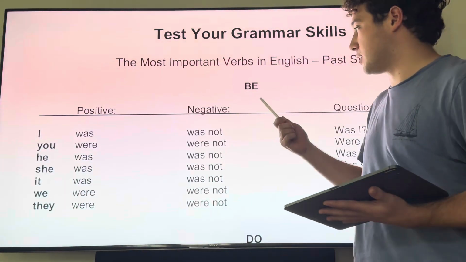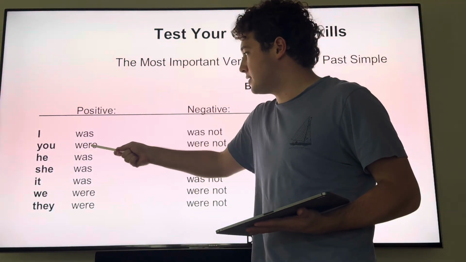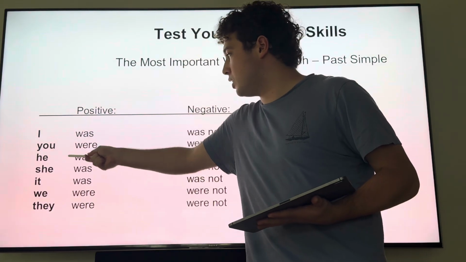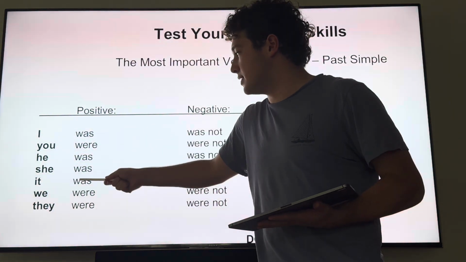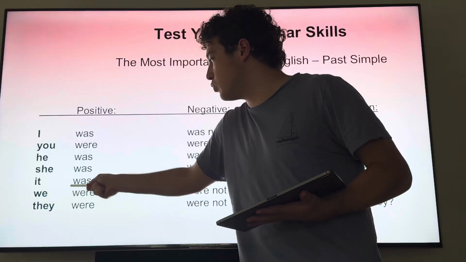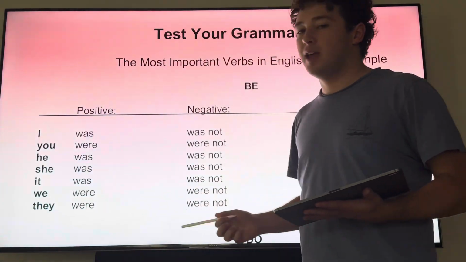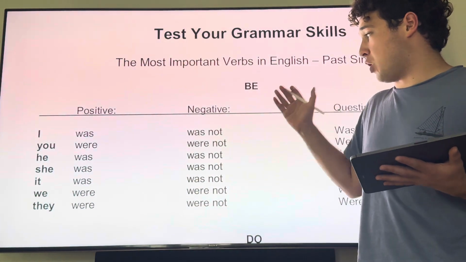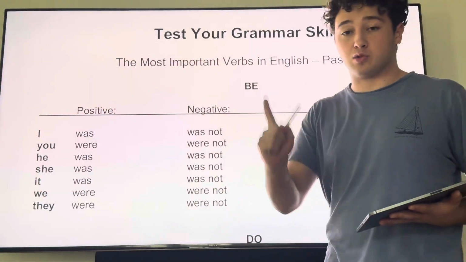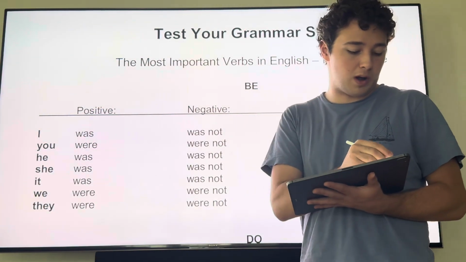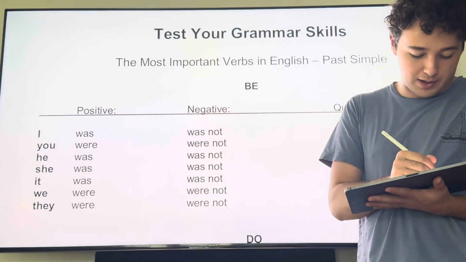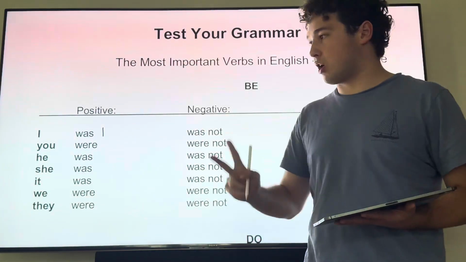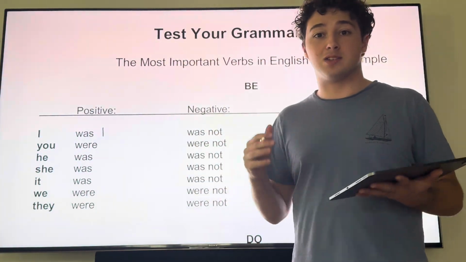And over here you can see I was, you were, he was, she was, it was, we were, and they were. Now, the only difference here is that if there's one item or one person, it's was. And if there are 2 or more, it's were.